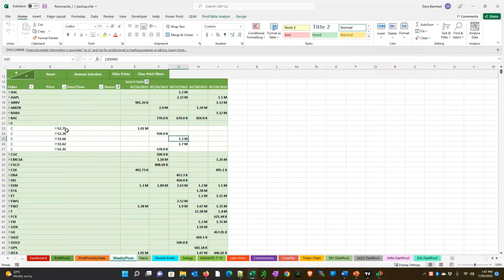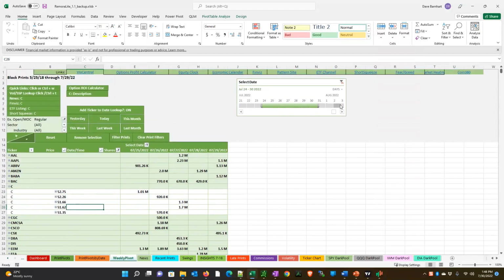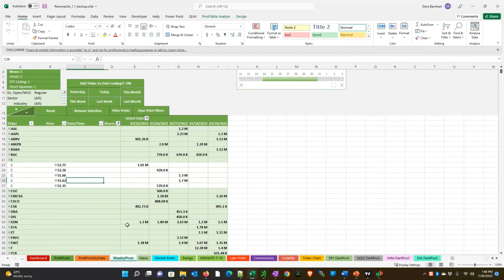So the interesting thing here is all of these prints together ranged 51.35 to 75. So 40 cents. There was 3 million and change in 40 cents, right? And you can see how that works. So you can adjust this for whatever you like, for months, last week, last month, something like that.